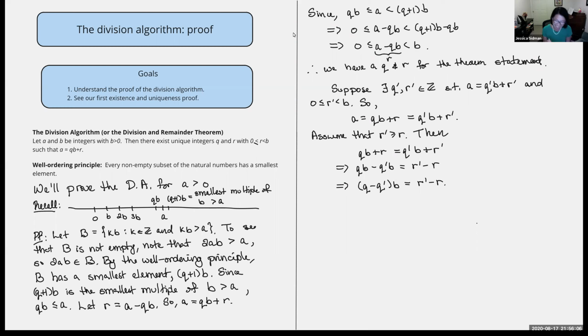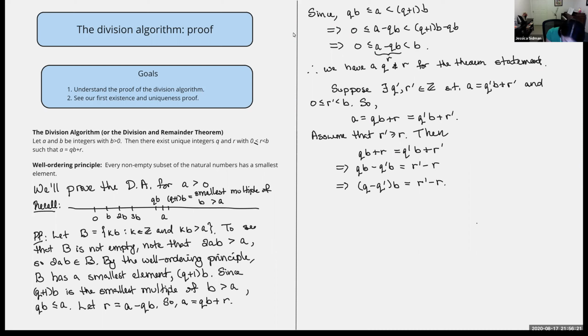Now, since R and R prime are both less than B, when I subtract them, I get something also that has to be less than B, right?